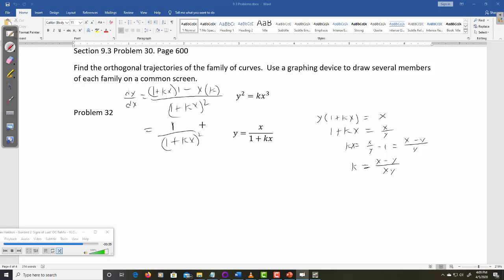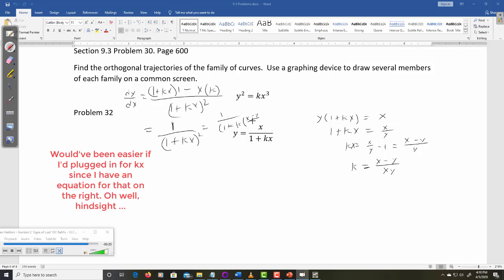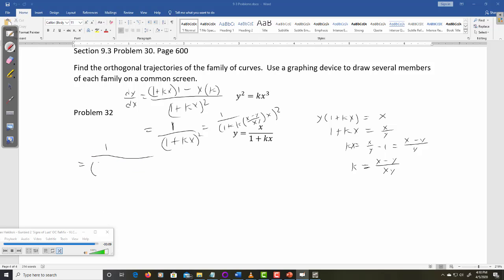Then we plug in k. 1 over 1 plus k times x, x minus y over xy, times x squared. I'm going to factor out the 1 over y on the bottom there. So that x will reduce that away. Got to divide 1 over y out of the 1, which is multiplied by y.